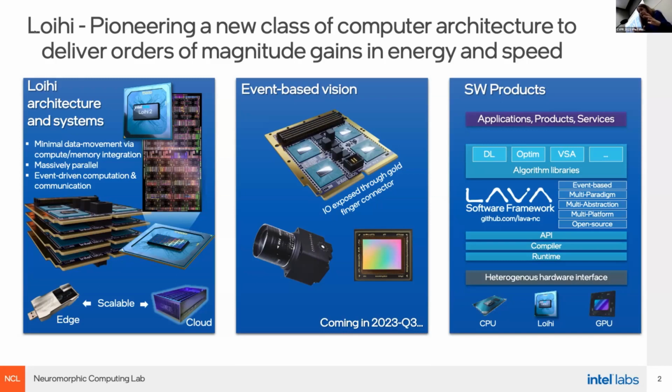Hardware is of course great, but hardware is only as good as the software that enables users to use it. Intel now invests a lot in developing a software framework, a software toolchain, with the core component called Lava. That's the software framework that goes all the way from talking to the hardware, so having a compiler and a runtime that supports different backends: CPU, GPU, and Loihi.